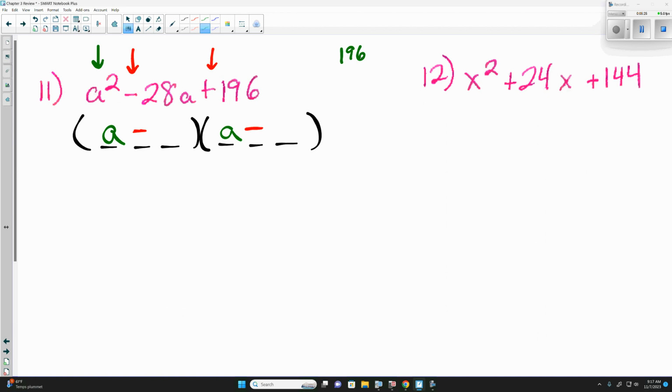196. Well, we have 1 and 196. We have 2 and 98. 3 is not a factor of 196, because if we add the digits together, 1 plus 9 is 10, plus 6 is 16. 16 is not divisible by 3, so 196 is not divisible by 3 either. 4 and 49. 5 is not a factor of 196 because it doesn't end in 0 or 5. 6 is not a factor of 196 because 2 and 3 have to be. 7.